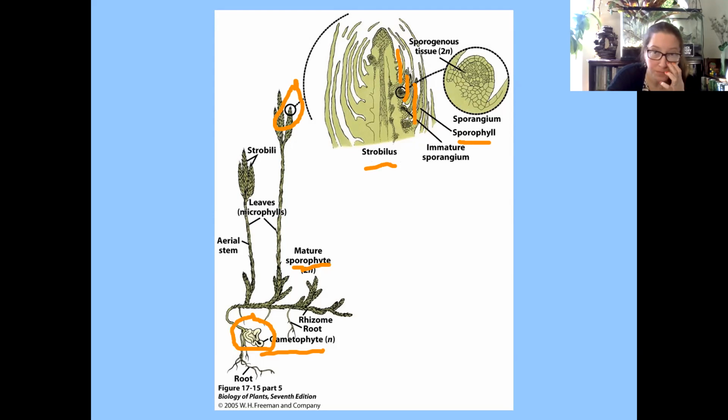And if we were to do a close up of a sporangia, which is right here, here we see a single sporangium. And inside of the sporangium is where those spore mother cells are that are 2N, or sporogenous cells or sporocytes, whichever you like.